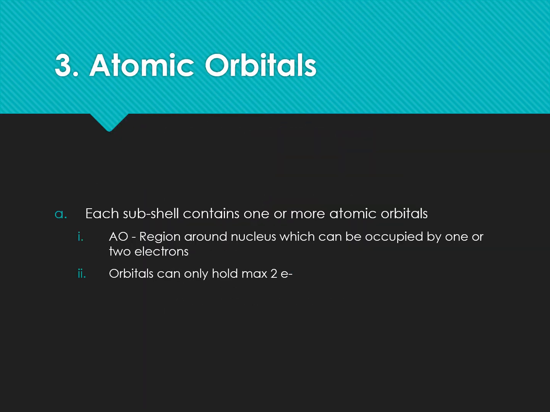Alright, each subshell contains one or more atomic orbitals. So that's the actual shape of where the electrons are located. The region around the nucleus can be occupied by one or two electrons. Each orbital can only hold 2 electrons max.